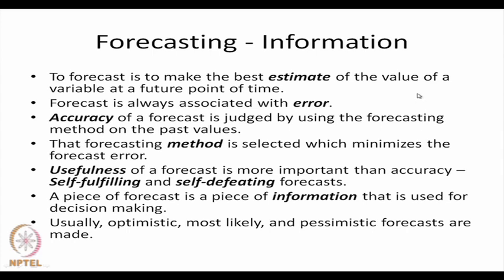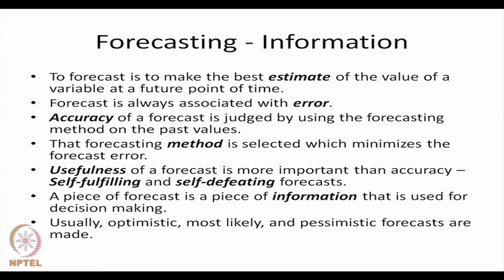First of all, let us recall that to forecast is to make the best estimate of the value of a variable at a future point of time. Naturally, any estimate is always associated with error.